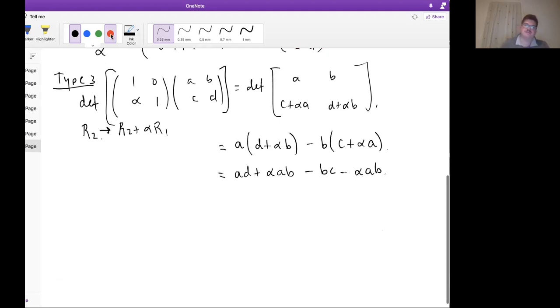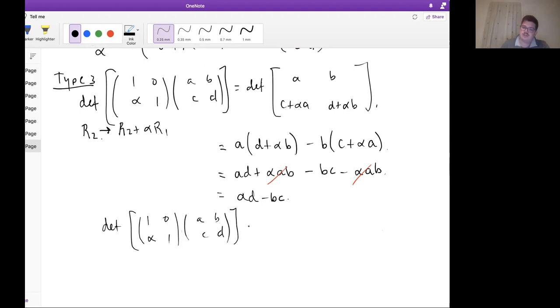The alpha AB terms cancel. So that's nice. So the determinant, when multiplying by a type 3 operation, does not change the determinant.